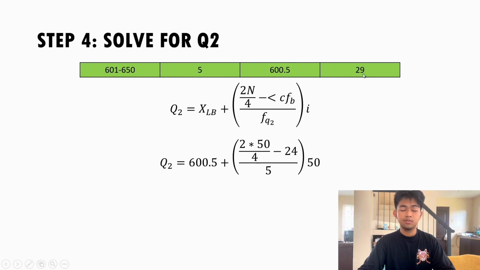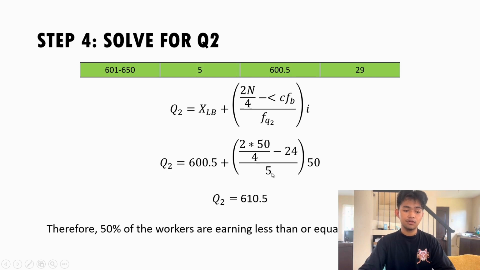So the cumulative frequency minus the frequency equals the less than cumulative frequency, which is 24, over the frequency of Q2, which is 5, multiplied by the class interval of 50. Now, Q2 is then equal to 610.5. Therefore, 50% of the workers are earning less than or equal to 610.5 pesos daily.